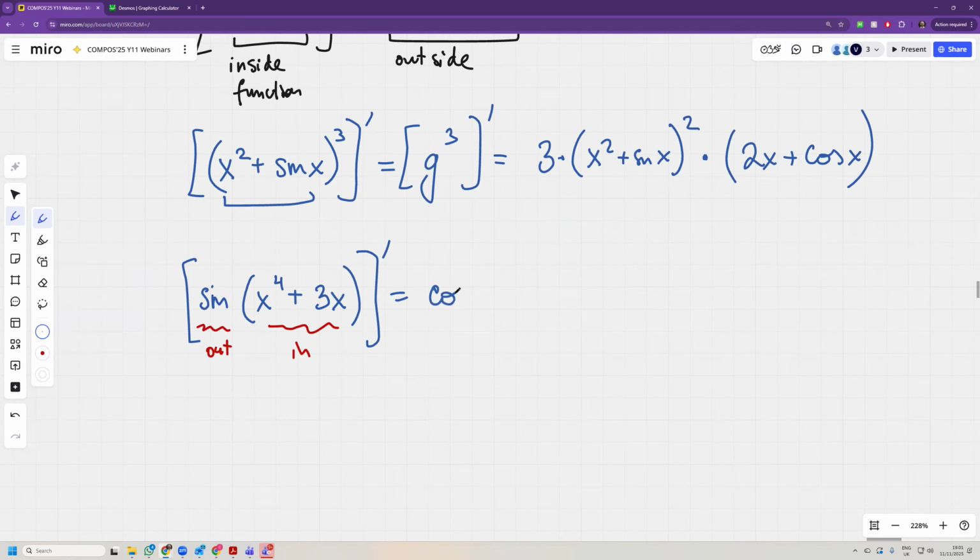It's going to be cosine of x to the power 4 plus 3x, as if it was just simple sine x. And then you multiply by the derivative of the inside, 4x cubed plus 3. And that's it. That's how you use the chain rule.